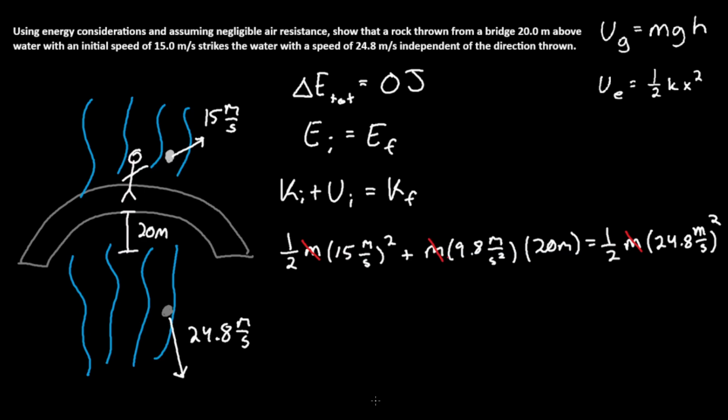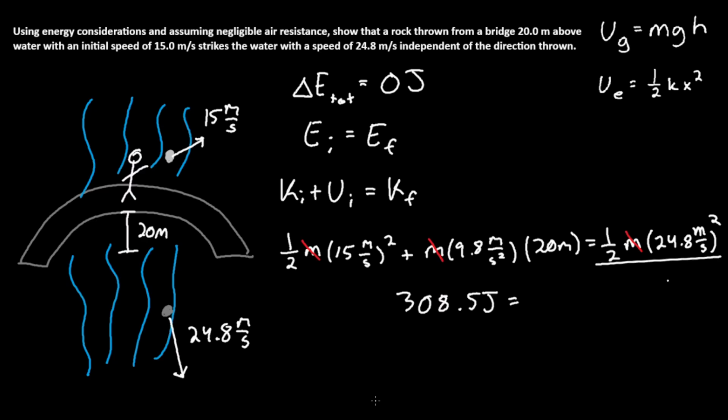But you can actually cancel out the masses on every side, since the mass doesn't matter in this case. So we can cancel out the masses, and we can solve for both sides of this equation. If you add everything together on this side, you will get a total energy on the left side of the equation of 308.5 joules.